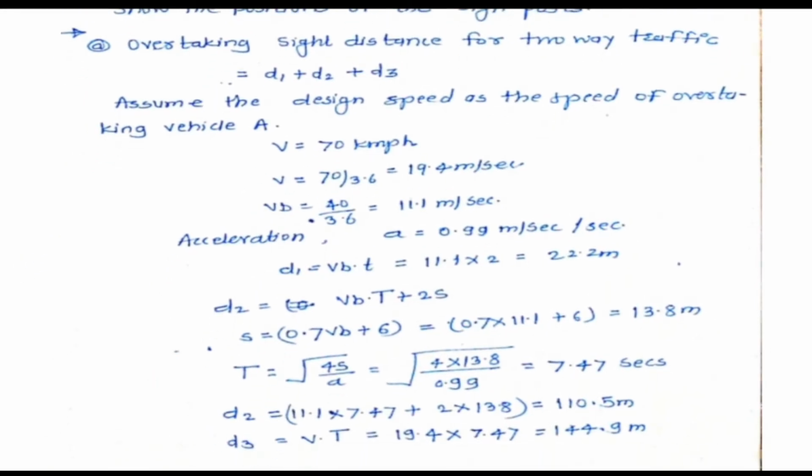To calculate part A, that is overtaking sight distance for a two-way traffic, it can be calculated as the addition of the distances d1 plus d2 plus d3.